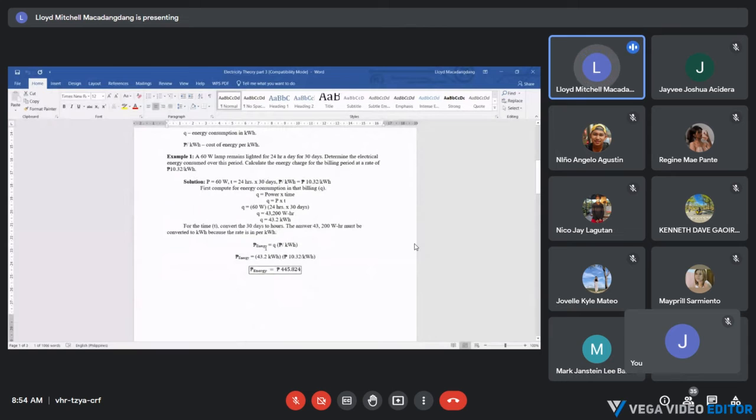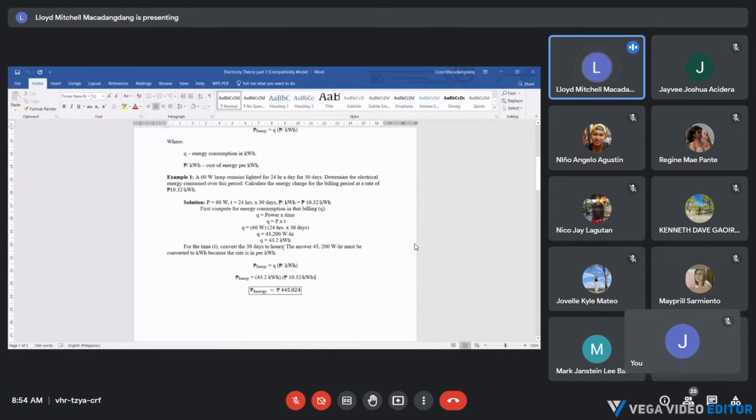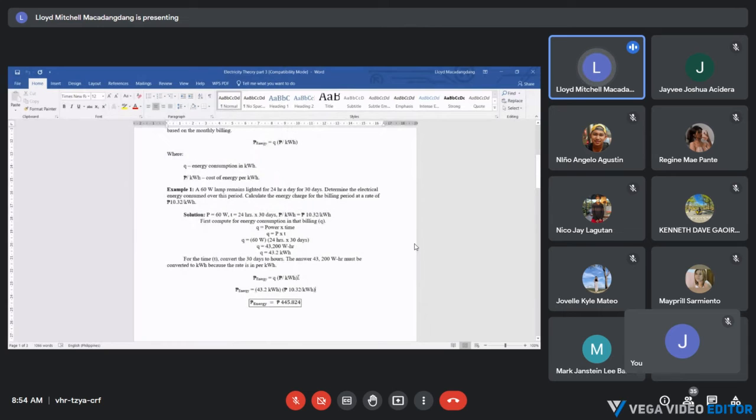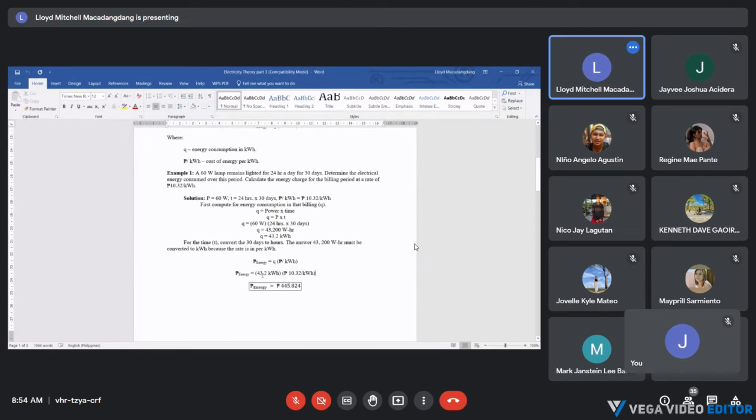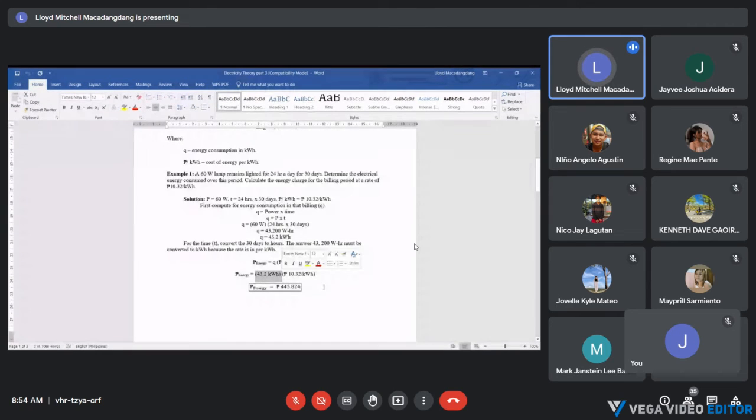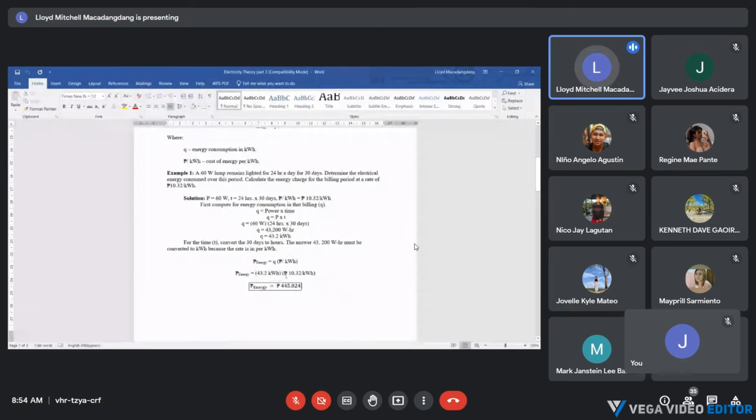So energy charge is equal to Q times the rate, the cost of energy per kilowatt hour. So for the lamp, it is 43.2 kilowatt hours multiplied by the rate.